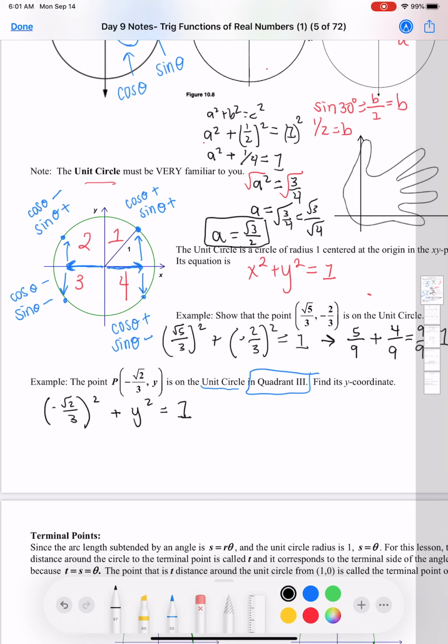All right, so then I'm going to go ahead and evaluate this. So I have negative root 2 over 3 times negative root 2 over 3. Well, negative root 2 times negative root 2 becomes a positive, and then just 2, we can drop the root. 3 times 3 on the bottom would be 9. Okay, and then I'm going to subtract 2/9 from 1.